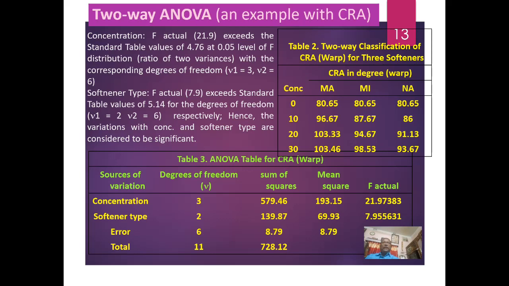In the case of softener, F actual was 7.9, which also exceeds the standard table value of 5.14 for the degrees of freedom 6 respectively. Hence, the variation with concentration and softener type is considered to be significant.